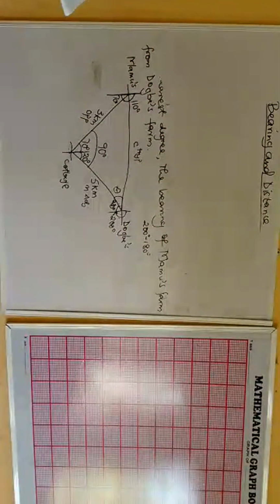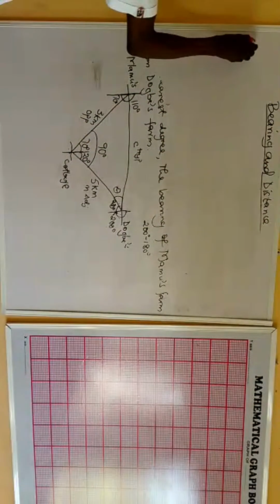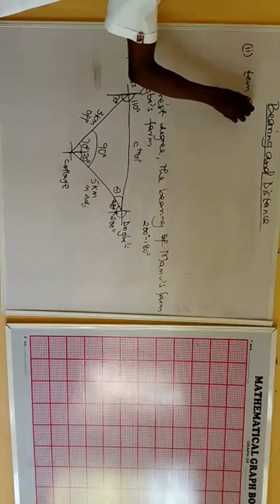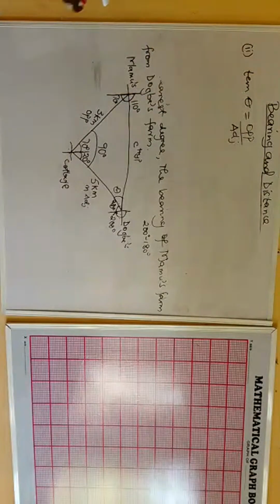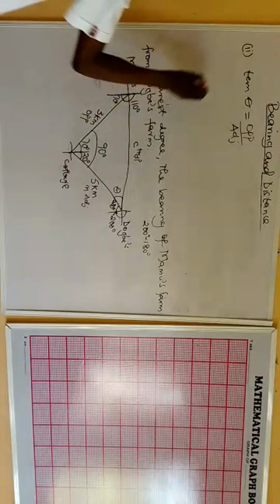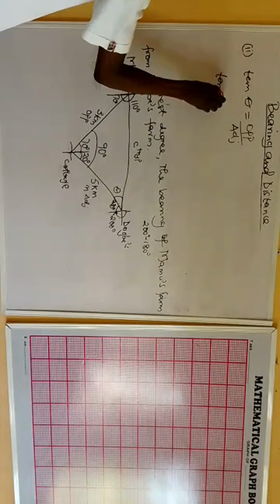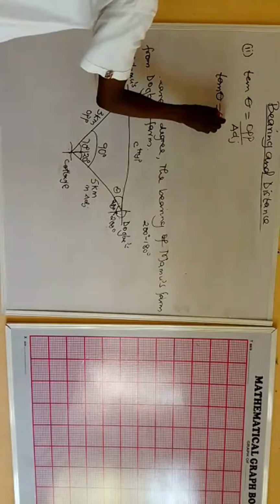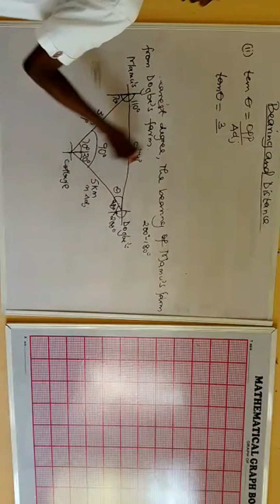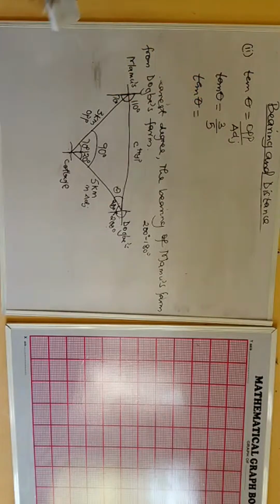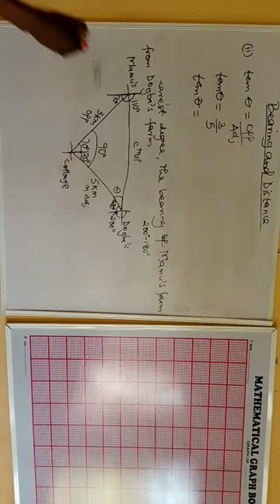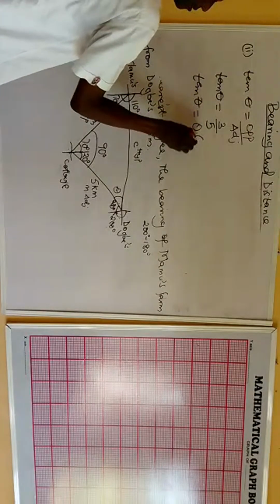So now write tan theta is equal to opposite over adjacent. So we are looking for theta here. Tan theta: opposite there is 3, adjacent is 5. So tan theta is 3 divided by 5, which is 0.6.